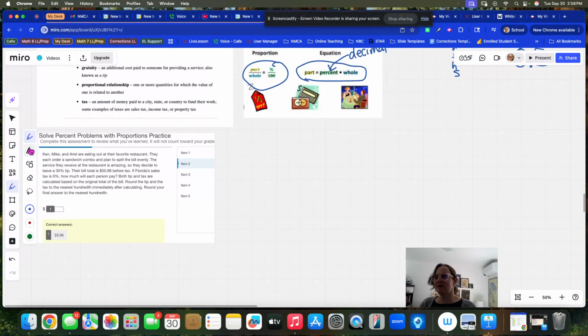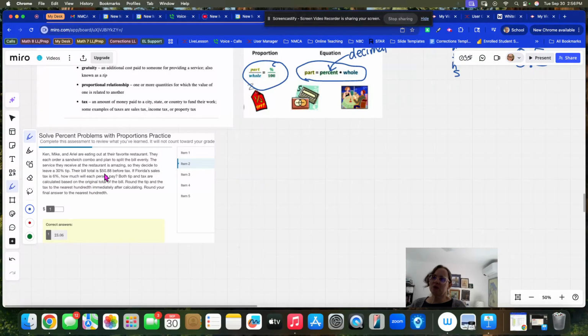So here is a word problem. It says, Ken, Mike, and Ariel are eating out at their favorite restaurant. They each order a sandwich combo and plan to split the bill evenly. The service they receive at the restaurant is amazing, so they decide to leave a 30% tip. 20% is a really good tip, so this is a very good tip.